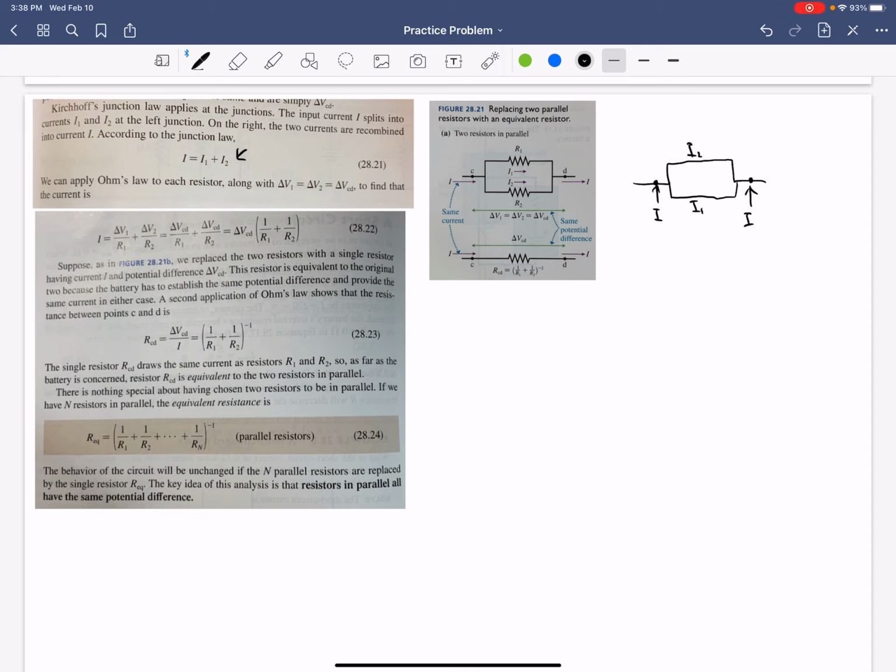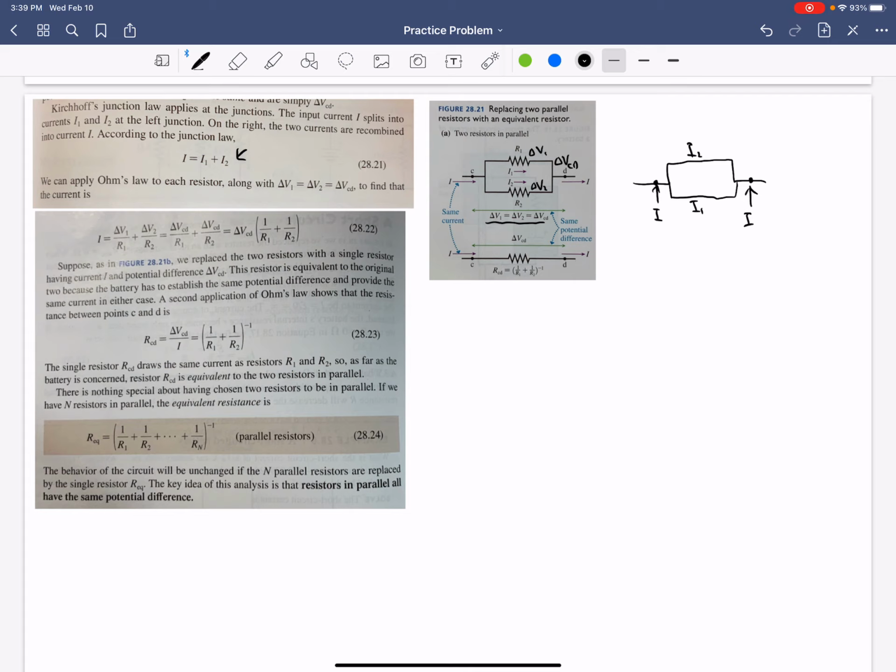So we know that delta V1, right here, equals delta V2 equals delta VCD. They're all equal.